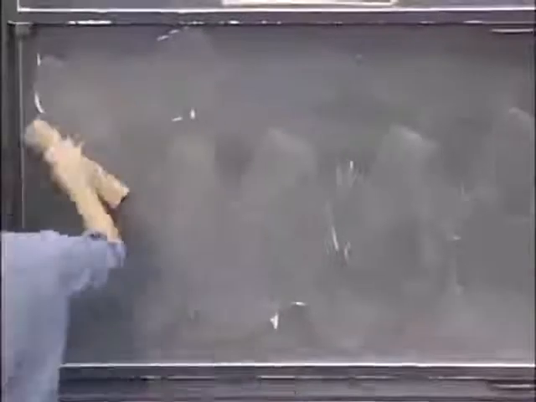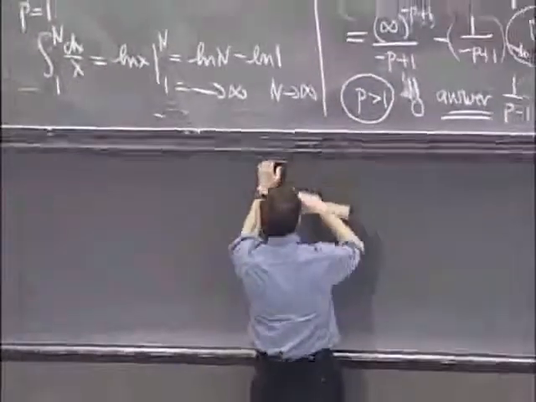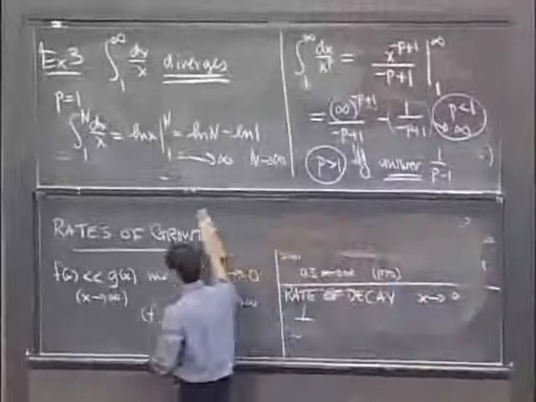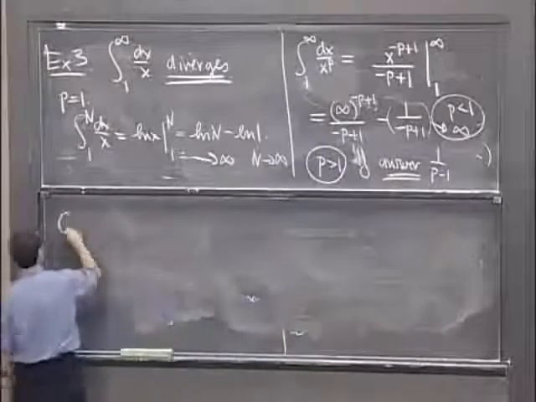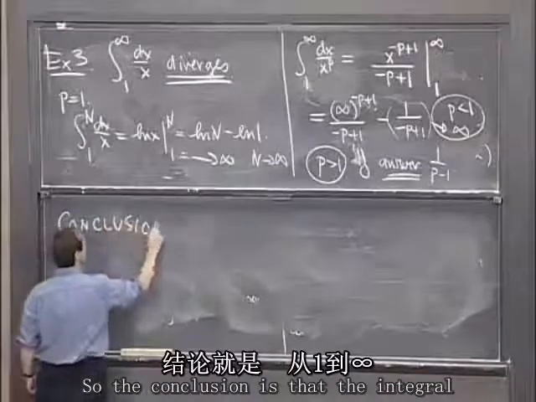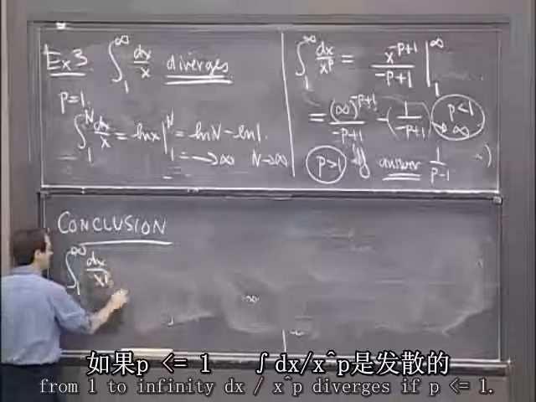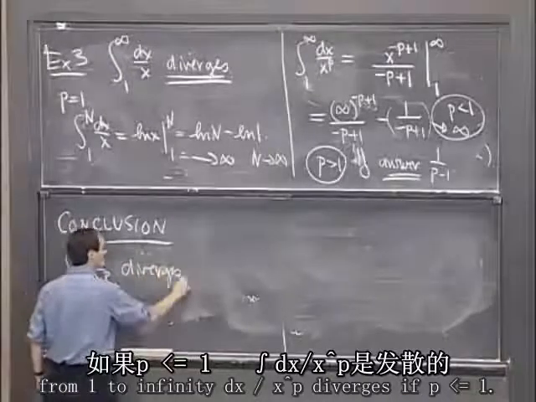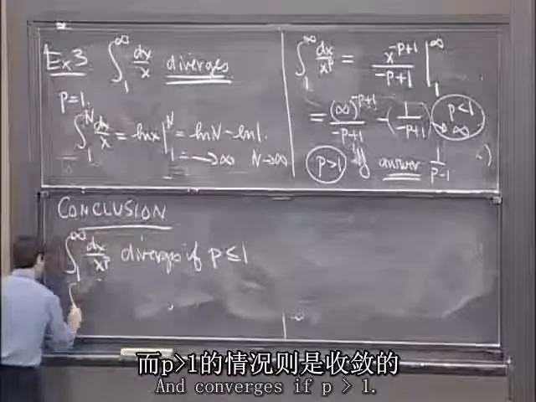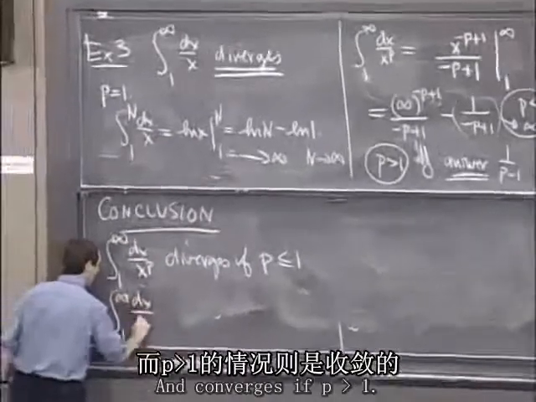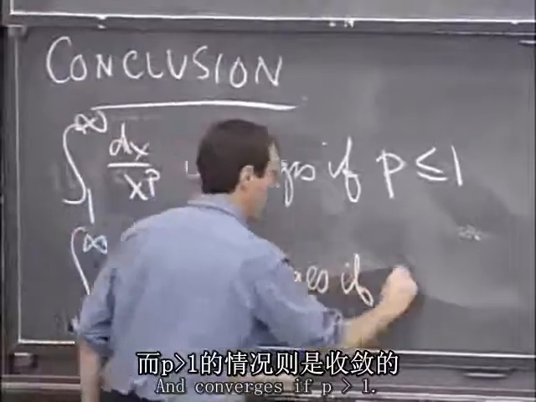No, I'm sorry. I think I was going to write it over on this board here. So the conclusion is that the integral from 1 to infinity dx over x to the p diverges if p is less than or equal to 1 and converges if p is greater than 1.